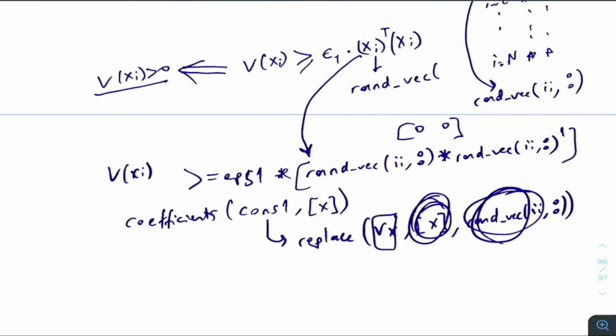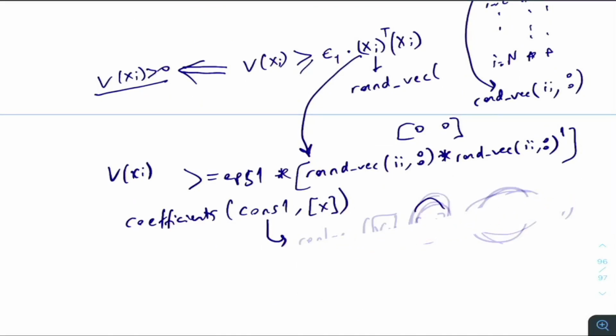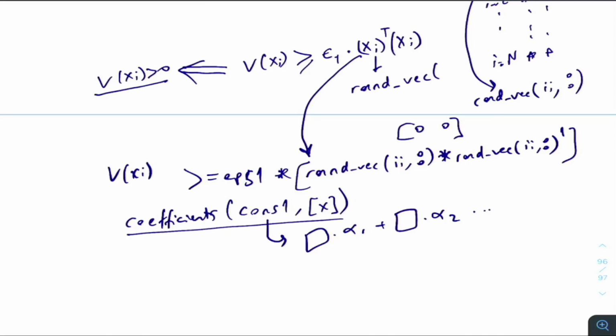Okay, and what do you get? For cons 1, you get some number times alpha 1 plus some number times alpha 2 dot dot dot, right? This is something that you get, and if you say coefficient x, I mean, since there is no x term, you will only get this.